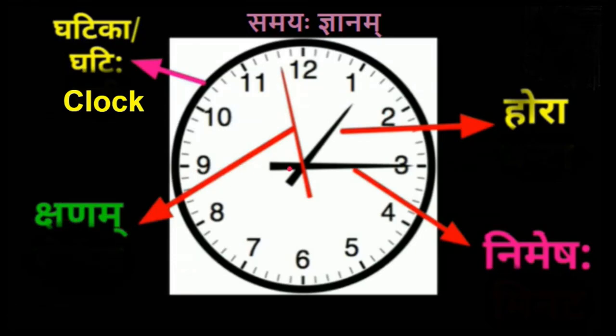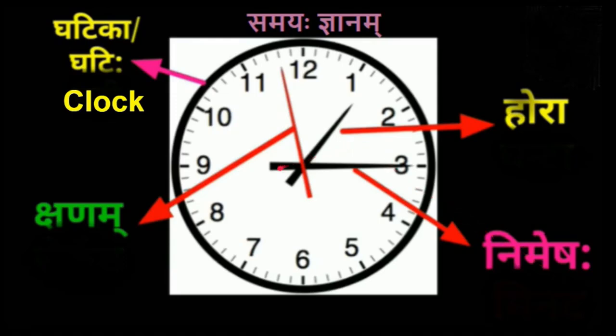Now this black hand, which is longer than this hand and shorter than this hand, is the minute hand. As we know, that is called Nimeshaha in Sanskrit. Please remember the name, it is Nimeshaha. Nimeshaha means minute hand.